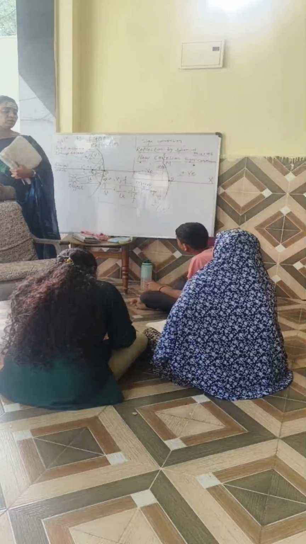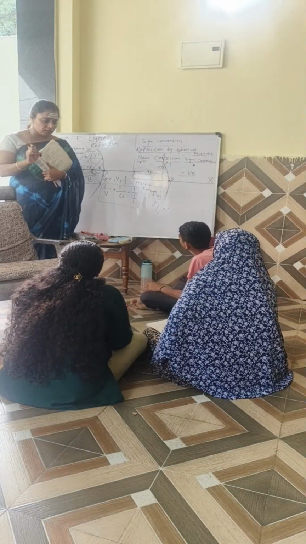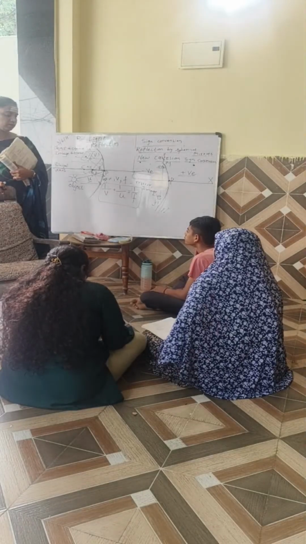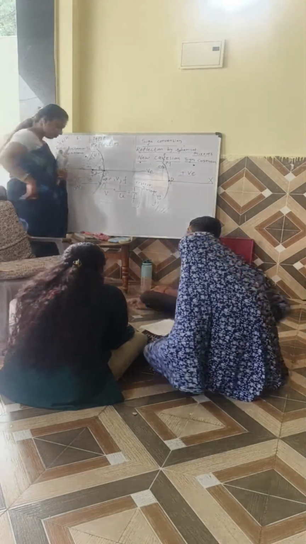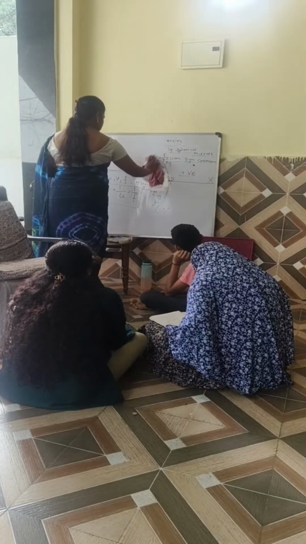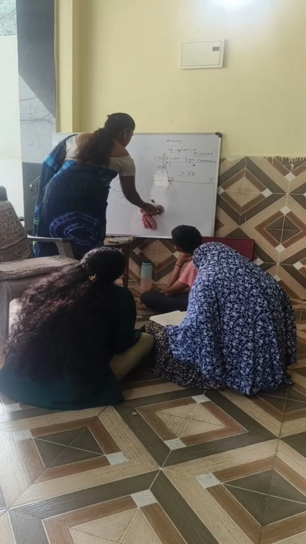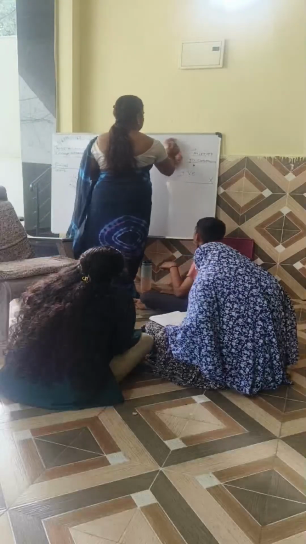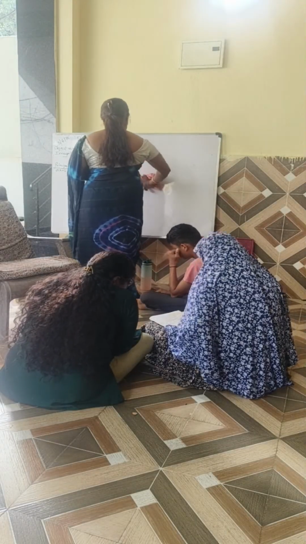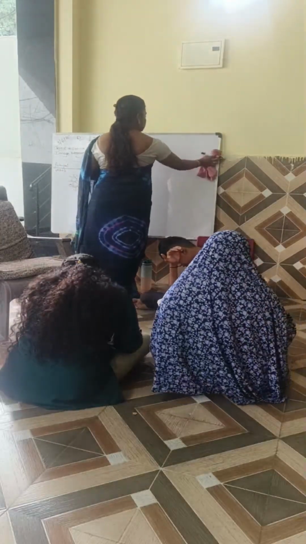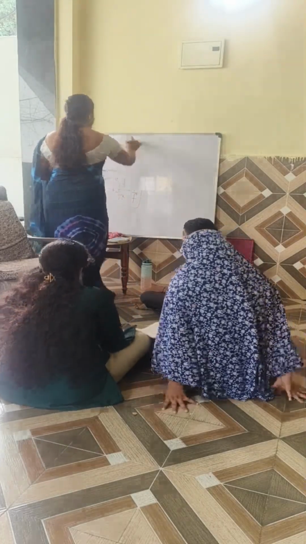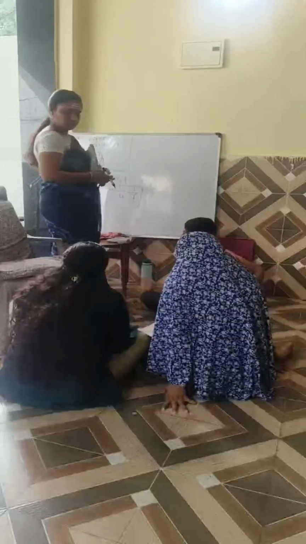What is the formula? 1 by v plus 1 by u is equal to 1 by f.